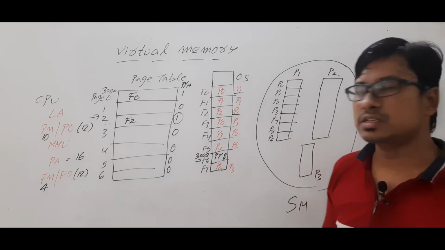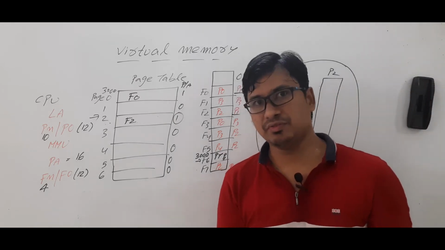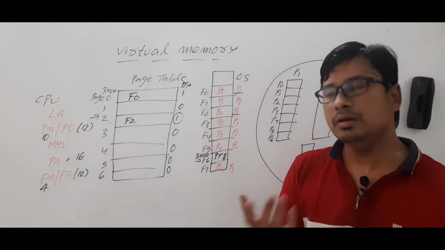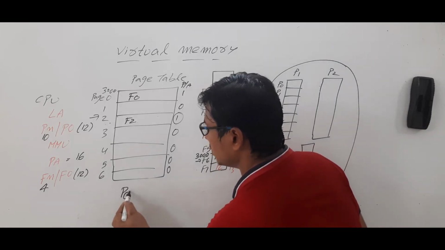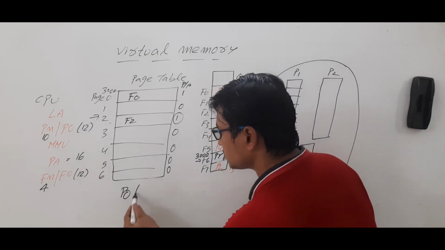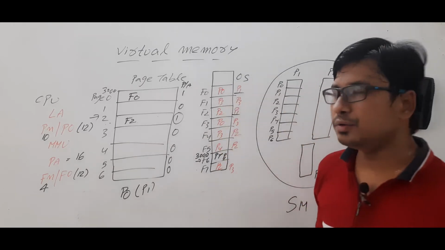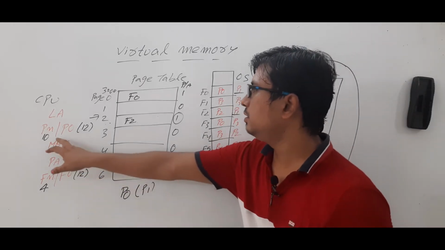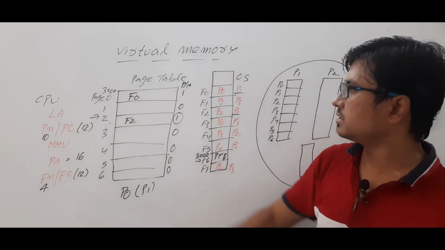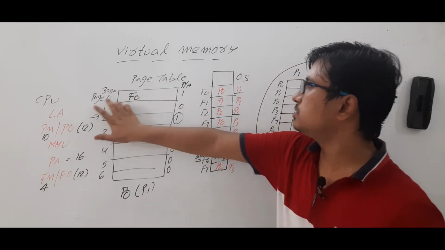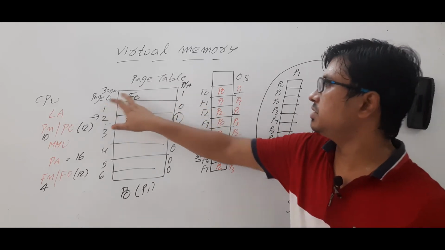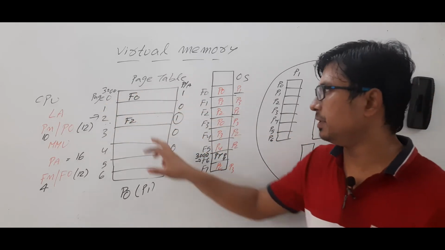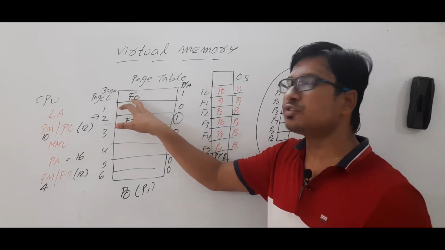Now let me discuss page hit and page fault, and then I will discuss the page fault service time. Let's take that the CPU wants to access page number 0 of process P1. You will go to the page table entries. For page number 0, the present or absent bit is kept as 1. The meaning is that page number 0 is available in the main memory. In which frame is it available?